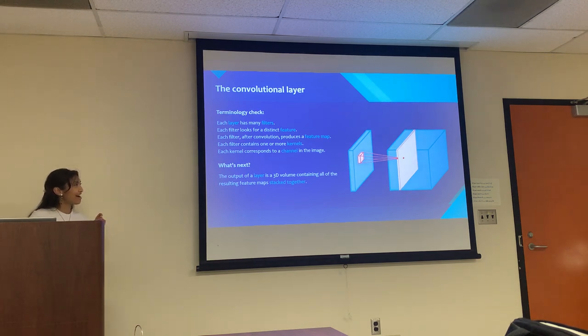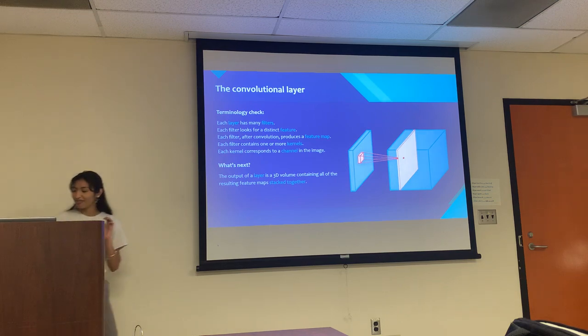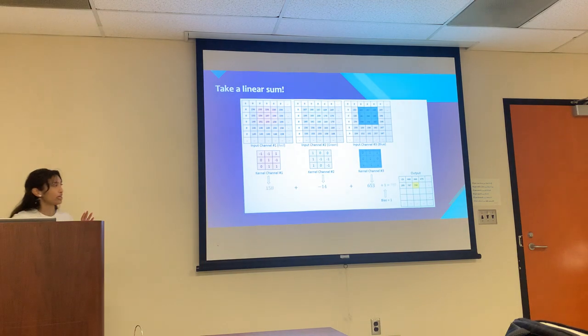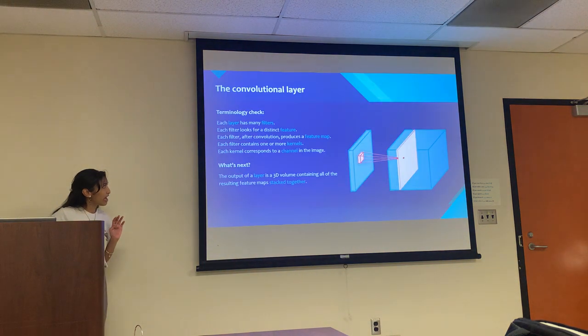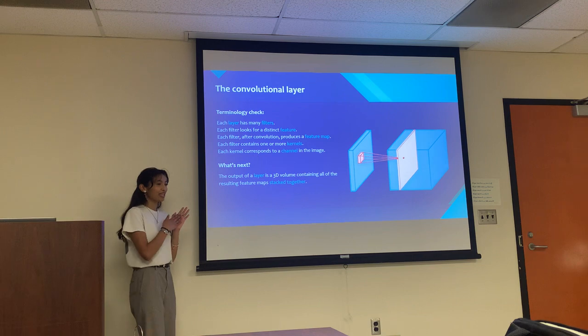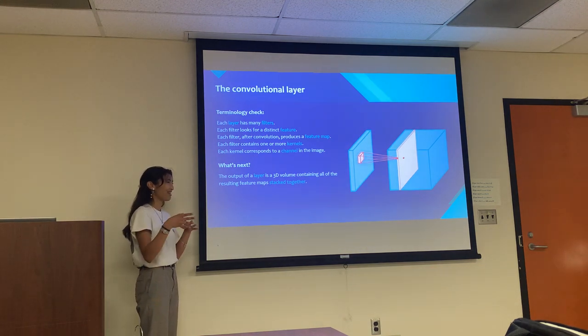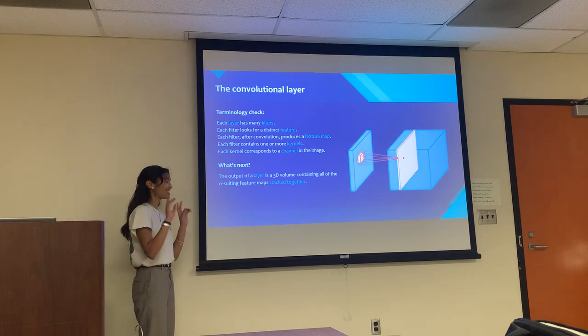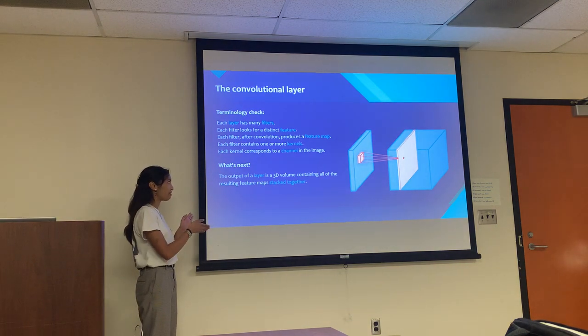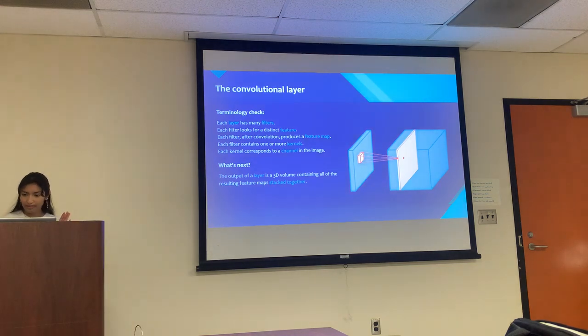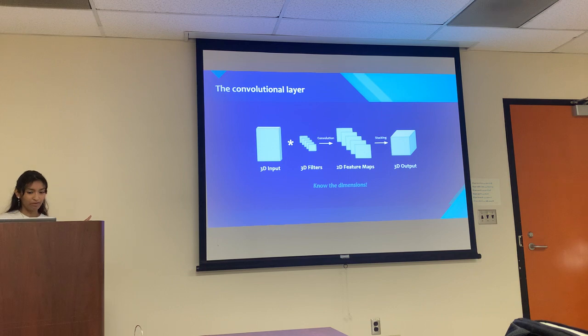We keep doing this for a lot of different features, like the curve of the mouse, the nose of the mouse, or whatever other features you see for the object you're looking for. Then you stack these layers together so that we have a 3D output.